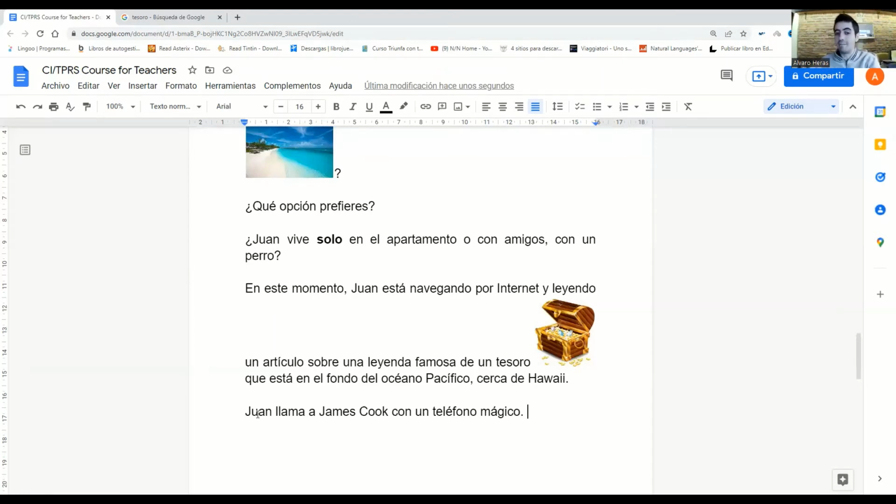El pasado es un teléfono mágico, ¿sí? Porque James Cook vivió en el pasado, ¿sí? Okay. Bueno. Y James Cook viaja al presente, pues es el futuro para James Cook, pero el presente para nosotros, ¿sí? Oh, yeah, I got it now. Con una máquina del tiempo, ¿sí?